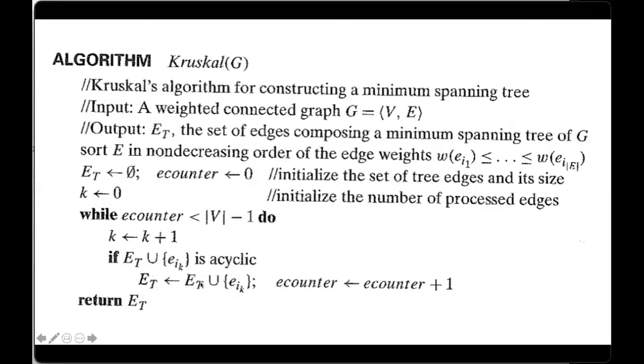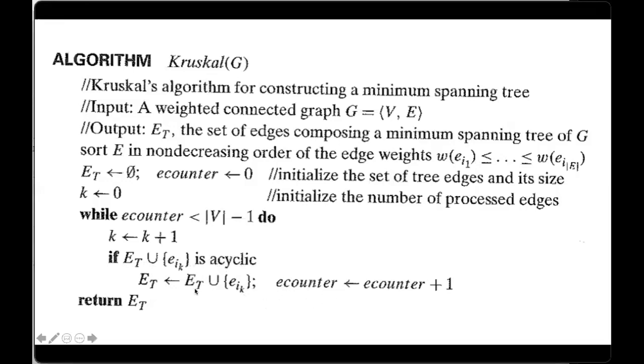If it is acyclic, ET is equal to ET union that particular edge. It is in increasing order. One by one, we go on selecting the minimum edge and add it to the resulting edge set, but the condition is that it should be acyclic.